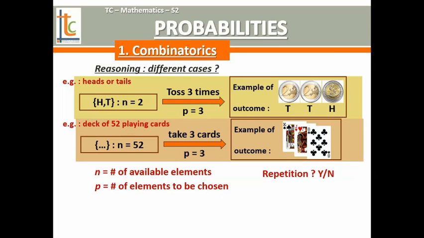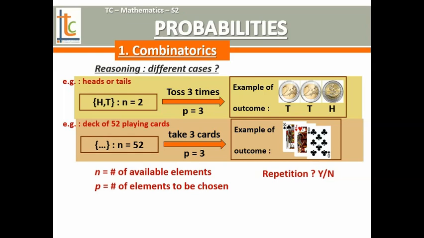In the first example, it was obvious that a repetition would occur because if you are tossing a coin 3 times, it will give you the same result at least 2 times. In our example, we've got 2 tails, but if not, we would have got 2 heads or 3 tails. One element has to be repeated.